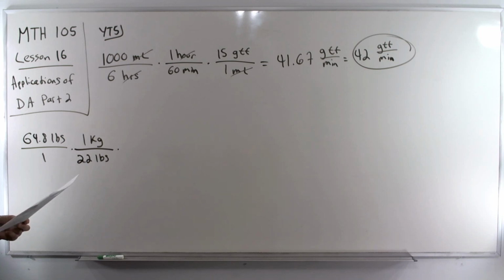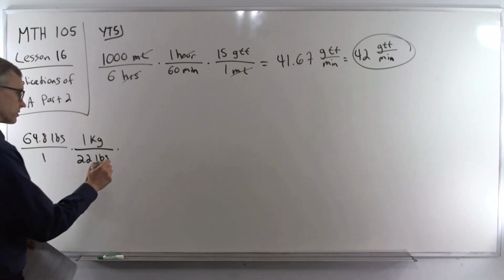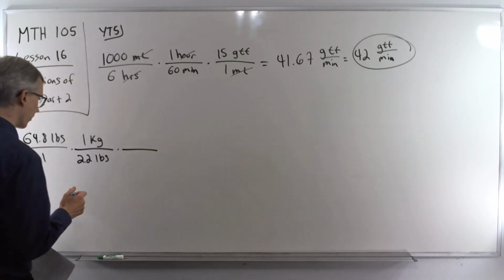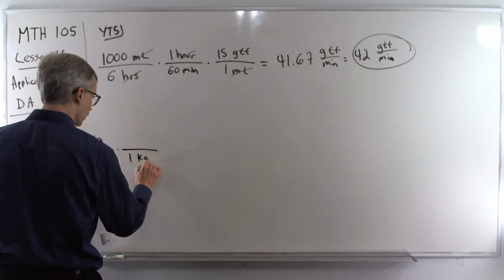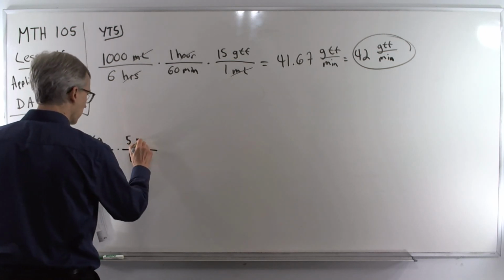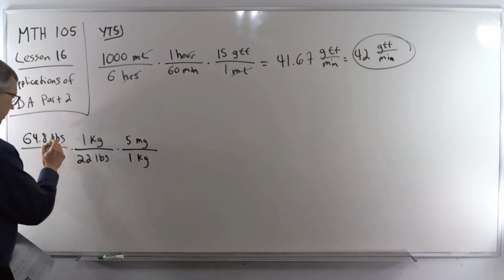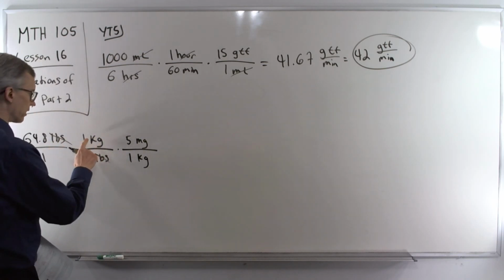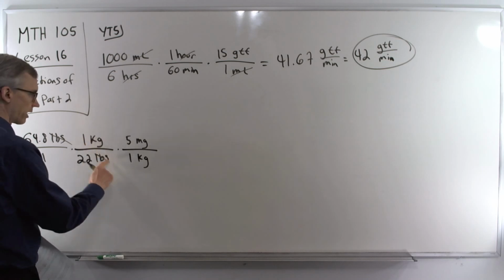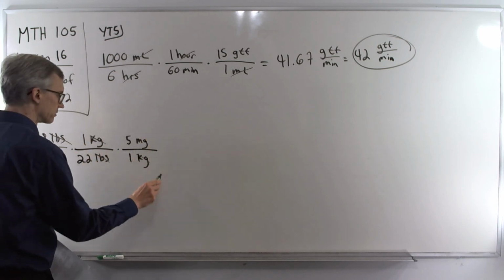For every kilogram, we're going to do 5 milligrams. So milligrams from kilograms. All right, we've gotten rid of pounds. Pounds are gone. Now we're converting the weight of the child in kilograms to the milligrams of medication.